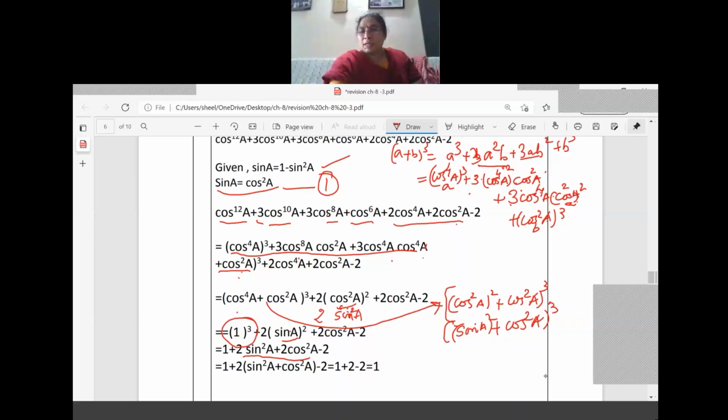So 2 sine square a plus 2 cos square a we are getting. So what is the common there? 2 is the common. So 2 sine square a plus cos square a we are getting. So 2 into 1, so 1 plus 2 into 1 minus 2 only. So what is the answer here? 1 is the answer.